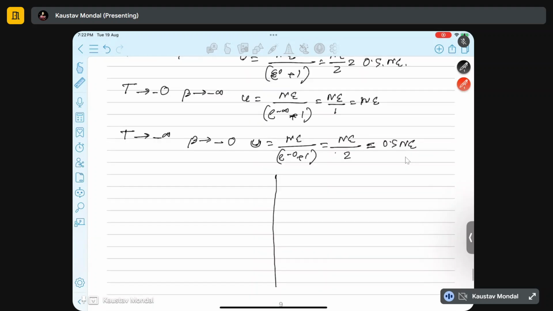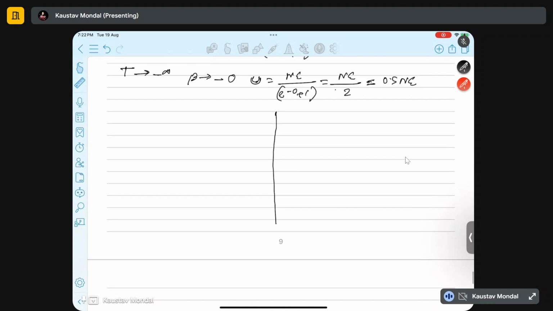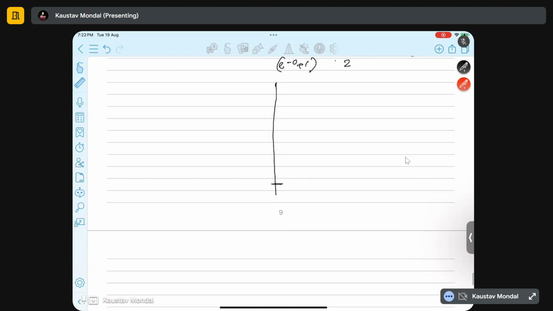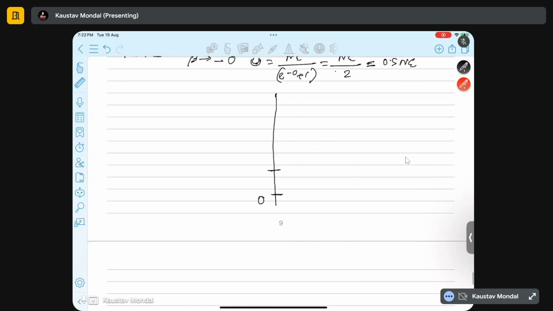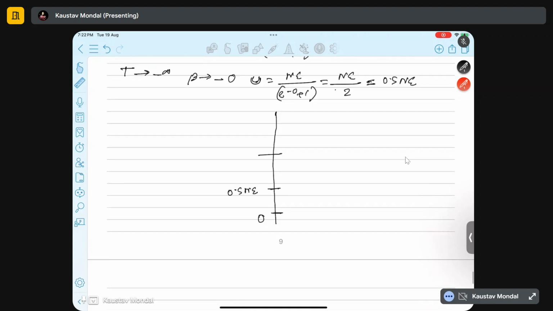Internal energy is basically changing from 0. So let me take this as 0, this as 0.5 into n epsilon, and this as n epsilon.